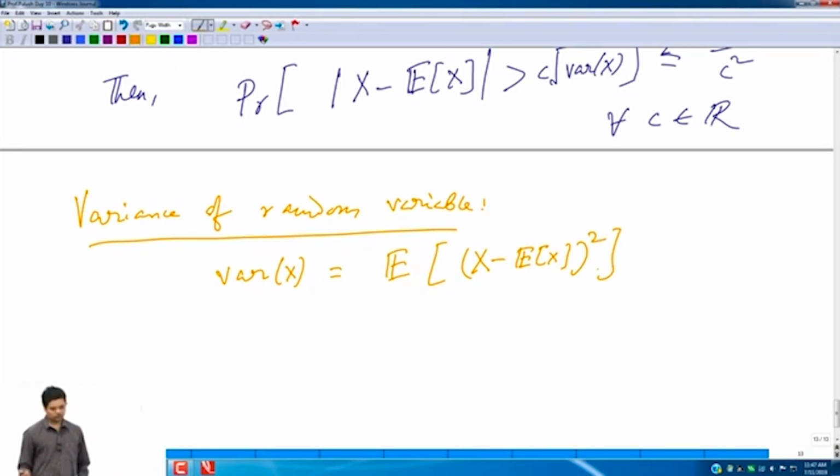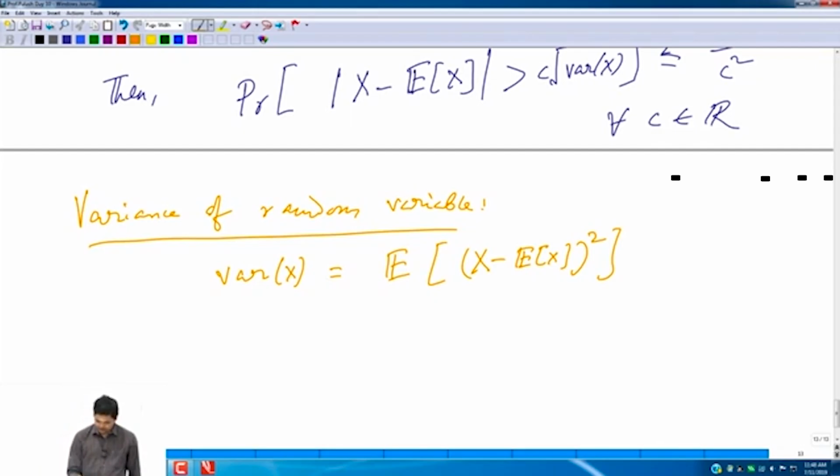So you are given a random variable x, and from that you take the expectation of x minus the expectation of x, whole square. That means in the definition of expectation of x, you replace small x with small x minus the expectation of x, whole square. While calculating the variance of x, think of the expectation of x as a constant. Given x, the expectation of x is nothing but a constant. So it's really x minus some constant, whole square. It's not as crazy as it looks.